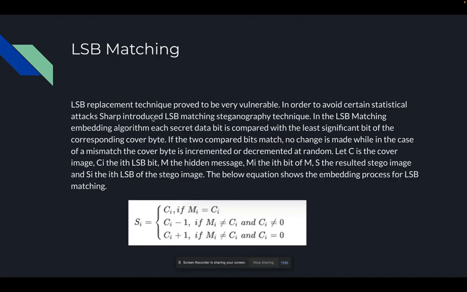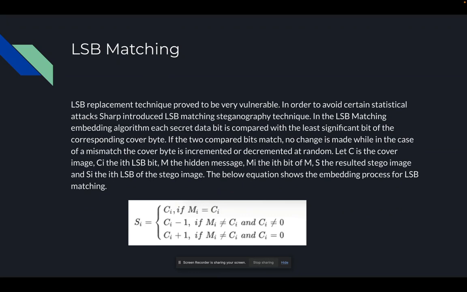So there are many other different LSB replacement techniques being used, but I would like to cover LSB matching. LSB replacement techniques actually proved to be really vulnerable, and in order to avoid certain statistical attacks, Sharp introduced the LSB matching steganography technique.